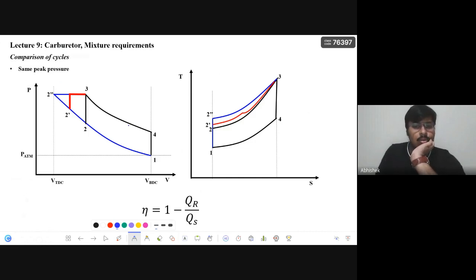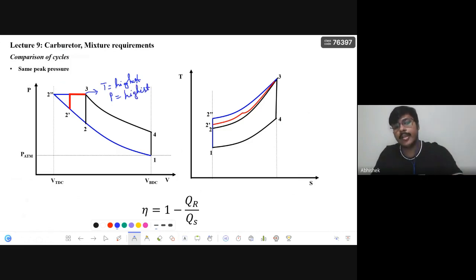So tell me, where is the highest temperature achieved in all the cycles? Highest temperature or highest pressure, when is it achieved? 3, correct. 3 is the state point where the temperature is highest, and pressure is also highest for all the cases.